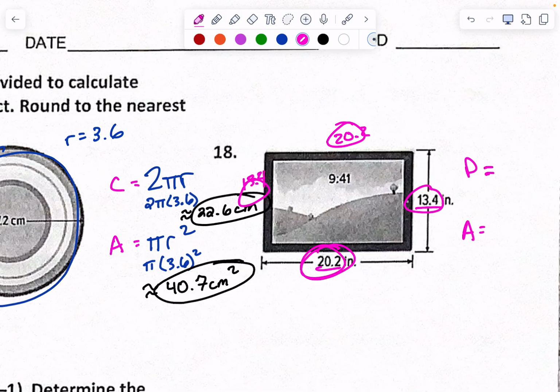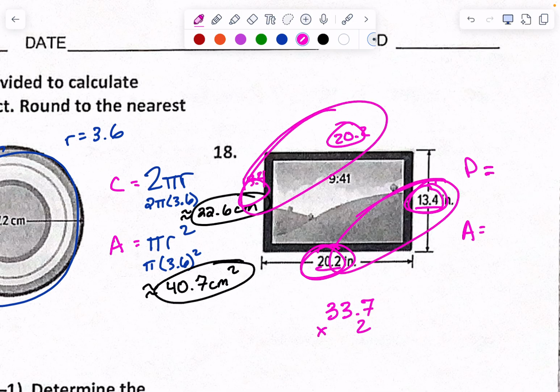Or I do 20.2 plus 13.4, which is 33.6, and I double it, because I've got them here and I've got them here. 67.2. I did it wrong on my calculator. 67.2 inches.